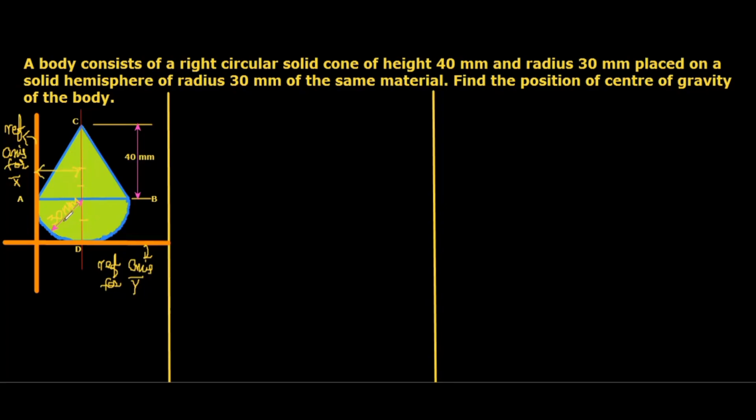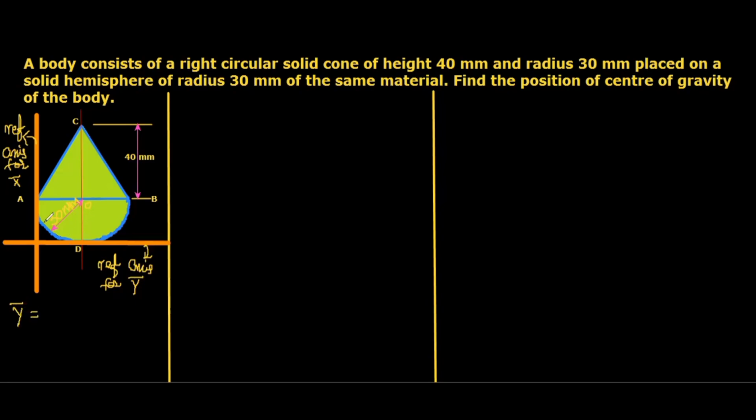So it is not needed to calculate the value of x bar, because from the diagram itself we can see x bar equals the radius. If we take the center as O, AO is the 30 mm radius, that is x bar. So separately we don't want to calculate x bar. Only the thing is we have to calculate the value of y bar.